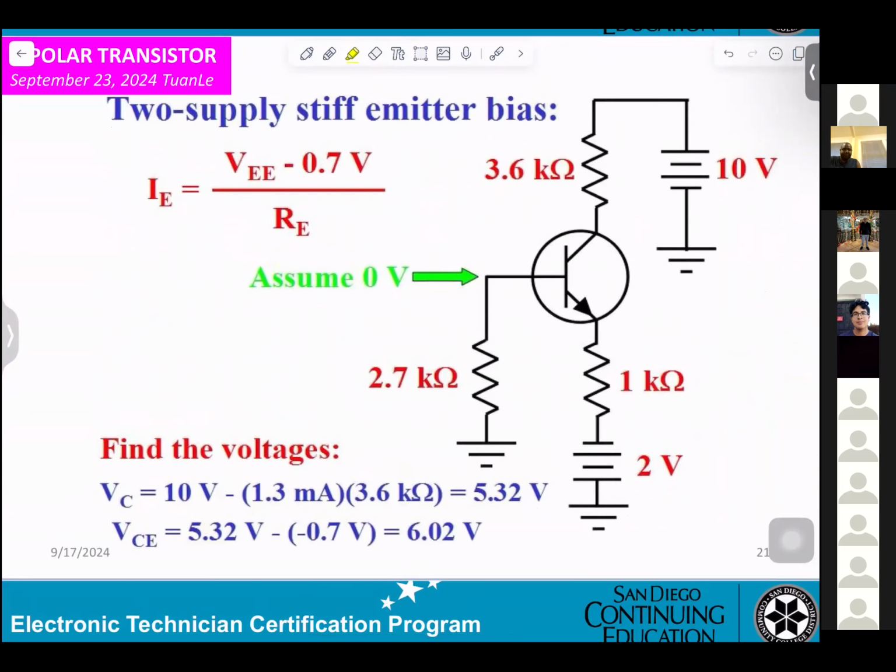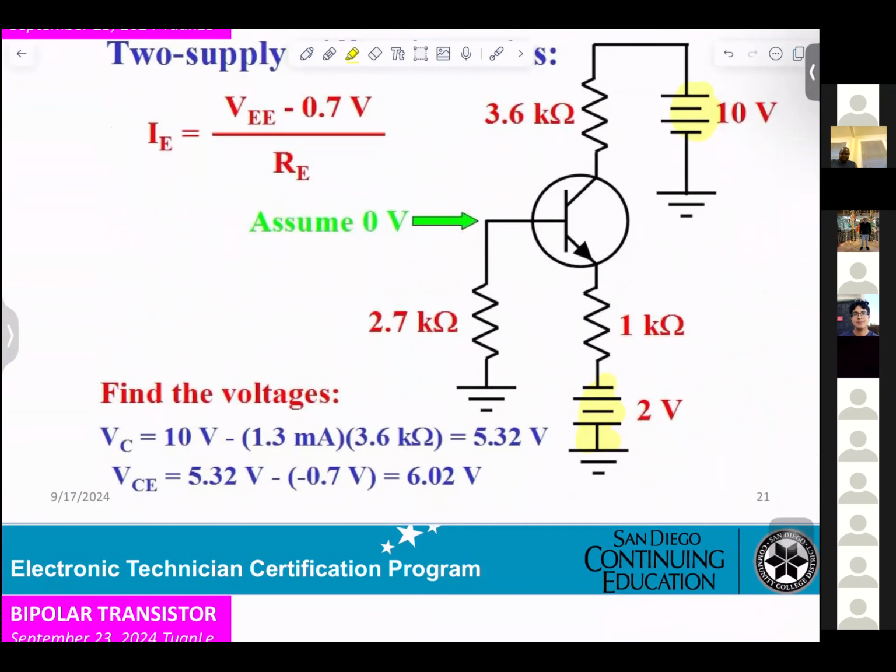So this is just a little example here for you. One using positive 10 volt, one using negative 2 volt. If you want to find the voltage, you can go through that, because they're telling you what VCE equals.